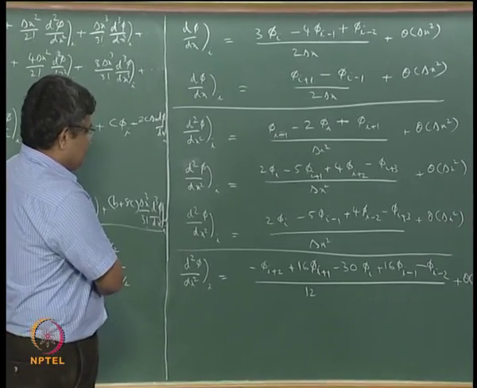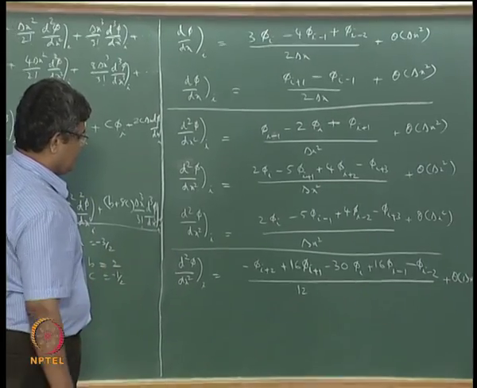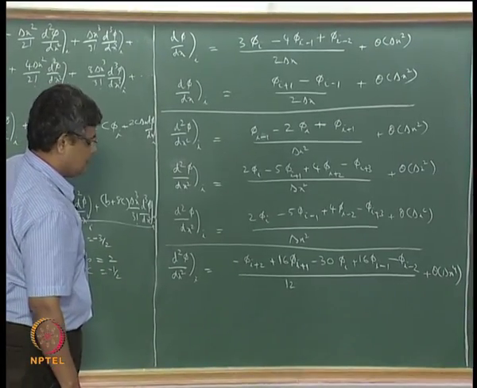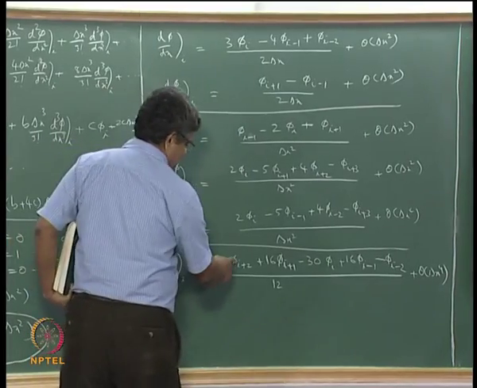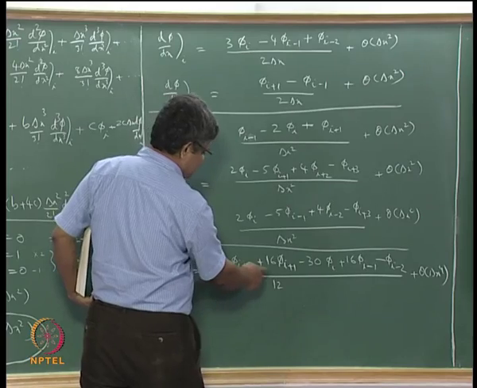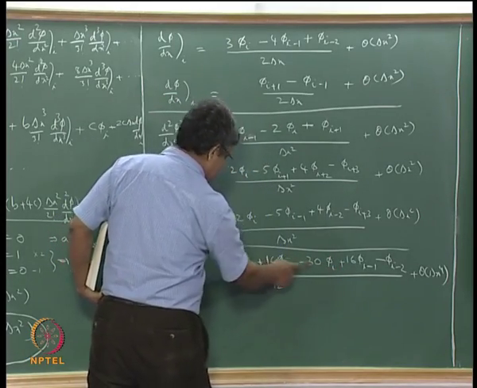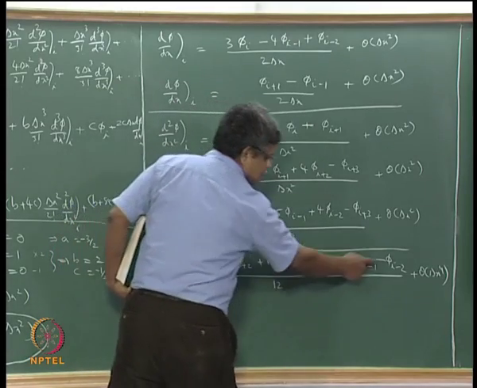And another point to note is that with these kind of formulas with uniform mesh spacing, all the coefficients here will add up to 0. So, you have 16 plus 16, that is plus 32, minus 30, minus 31, 32, minus 32.